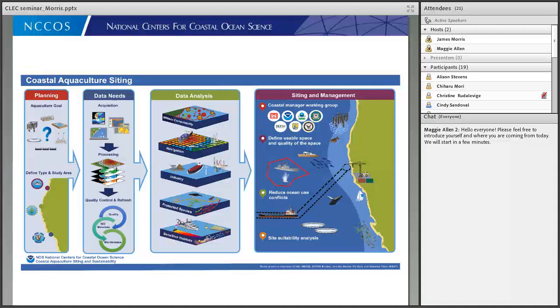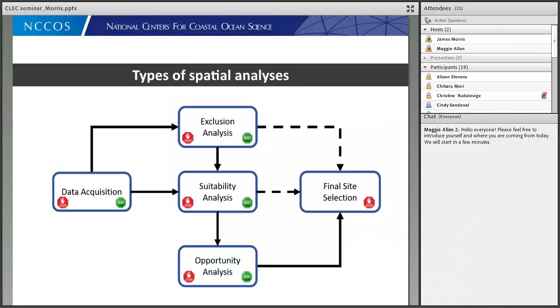And these are the types of data that are typically collected. We have military compatibility, navigation, industry data, protected species, habitats, and the list goes on. That information then goes into a siting and management process where we interact with working groups, coastal manager working groups, industry themselves, etc., and are able to eventually get to a site suitability analysis.